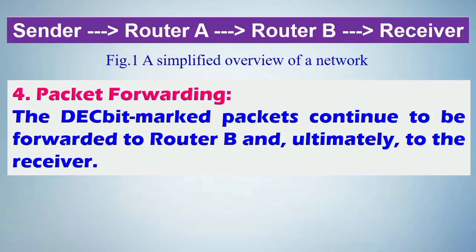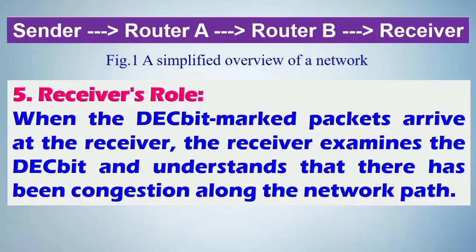Packet forwarding. The DECbit marked packets continue to be forwarded to router B and ultimately to the receiver. Here, packets marked with the DECbit are forwarded to router B and finally reach the receiver. Receiver's role.